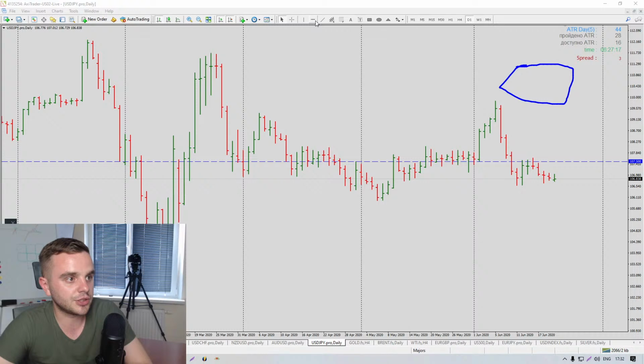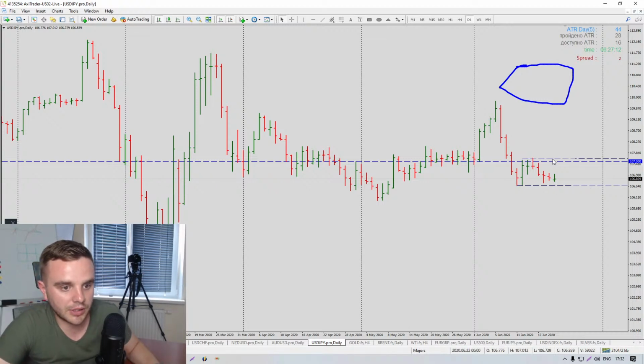About Japanese yen, friends, Japanese yen is inside of the range, and breakout of this range can create accurate entry. At this moment, with bigger possibility, price will break that range down.